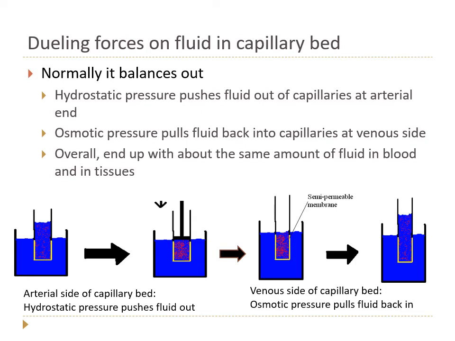So overall, our blood volume stays relatively the same. There is a small proportion of fluid that stays out in the tissues, and it's going to drain through a separate system of tubes called lymphatic vessels. That's important for our immune system and something that, if we have time, we'll talk about later.